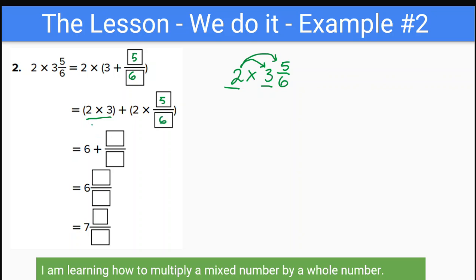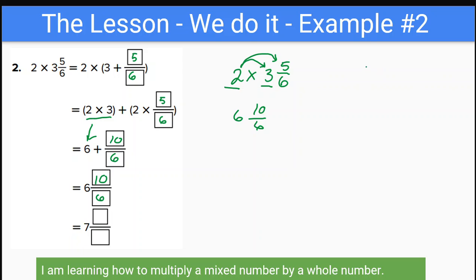Okay, 2 times 3 is 6. 2 times 5/6 is 10/6. So we get an answer of 6 and 10/6. But 6 and 10/6 leaves you with an improper fraction. A 6-year-old should not be carrying around a 10-year-old.